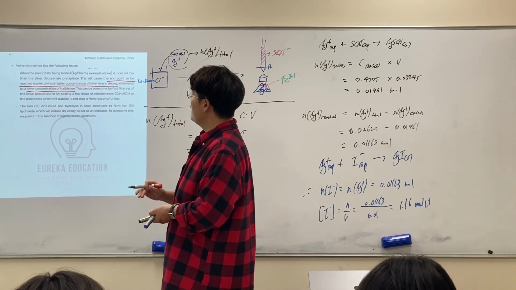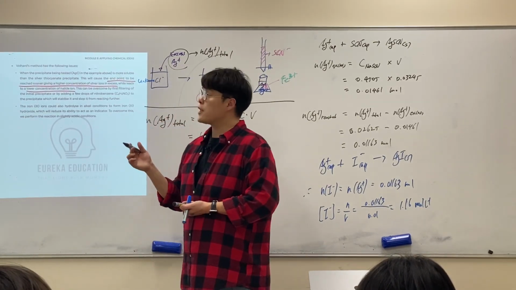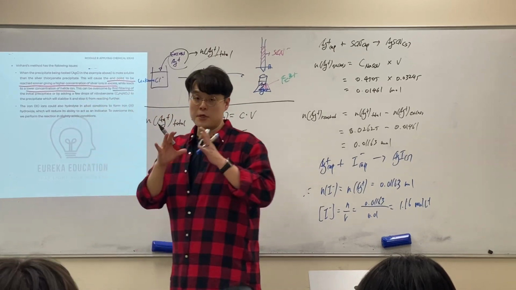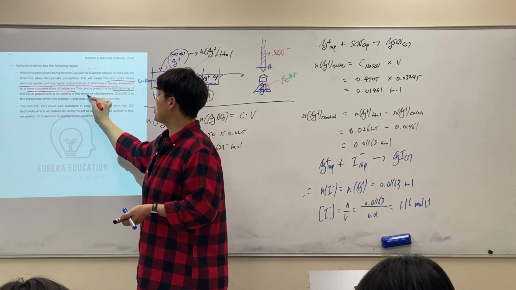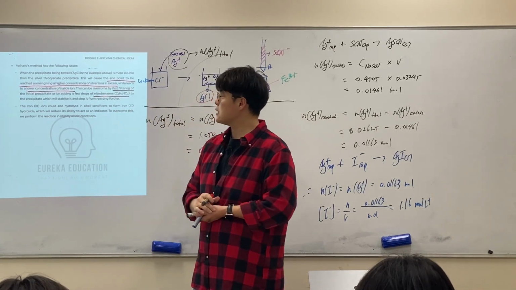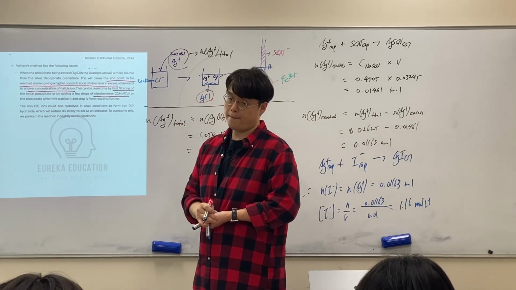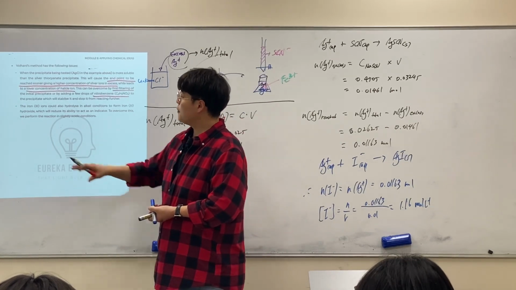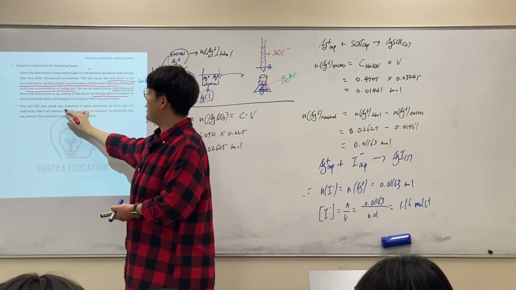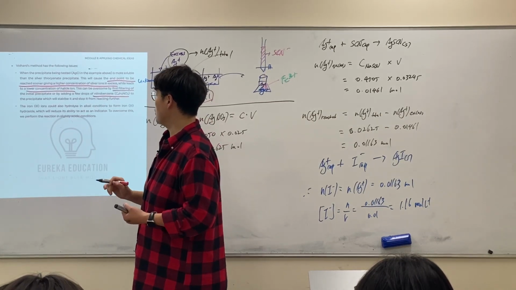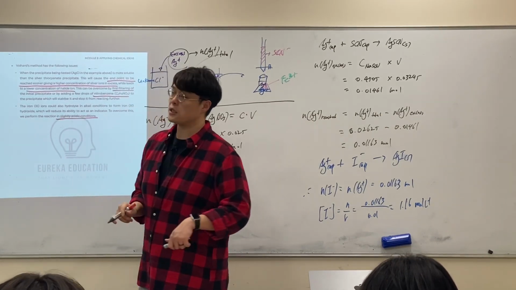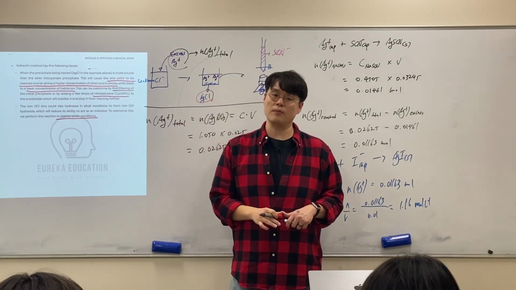So to overcome that, we can filter off all that precipitate we have, or add a few drops of nitrobenzene to the precipitate to stop it. The iron 3 ions could also be hydrolyzed in alkali conditions to form iron 3 hydroxide, so to overcome that we have to perform the reaction in slightly acidic conditions too.